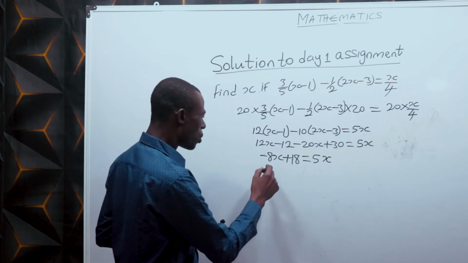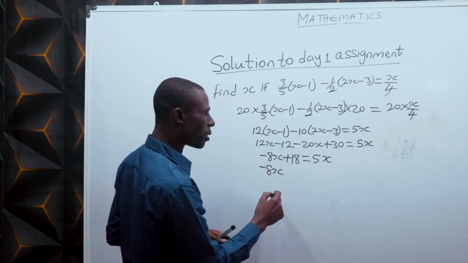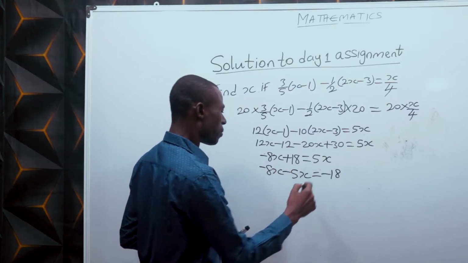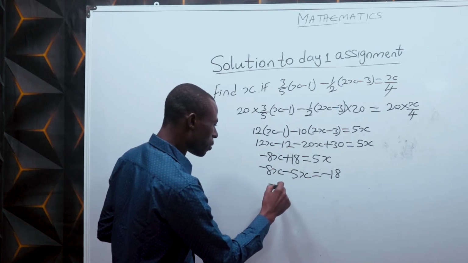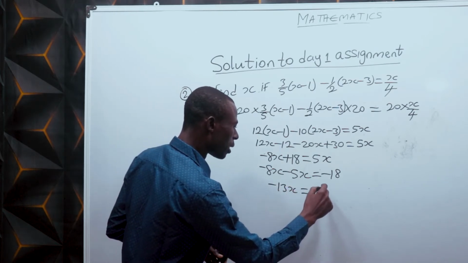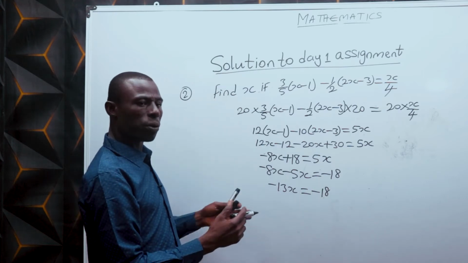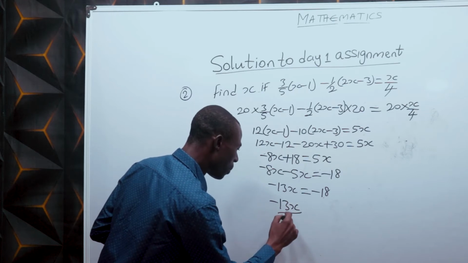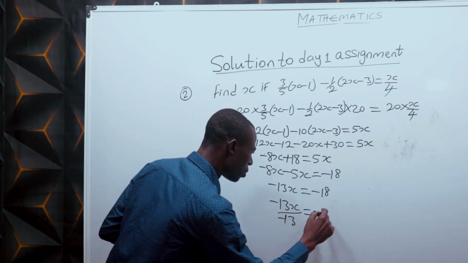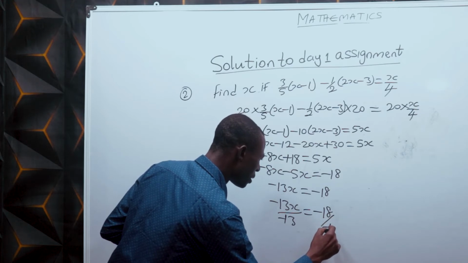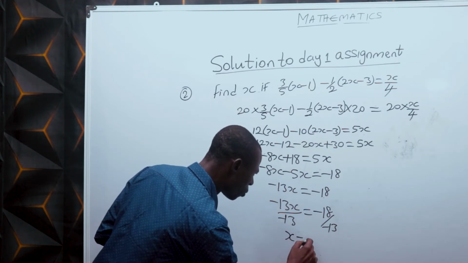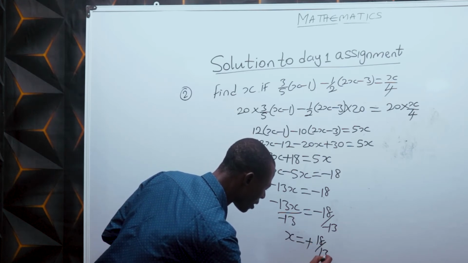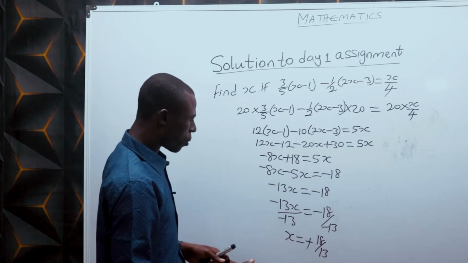Collecting the like terms, we have negative 8x minus 5x, which is equal to negative 18. This is negative 13x equals negative 18. We divide both sides by negative 13, which gives negative 13x divided by negative 13, which is equal to negative 18 divided by negative 13. Then x is equal to positive 18 over 13, because negative divided by negative is positive.